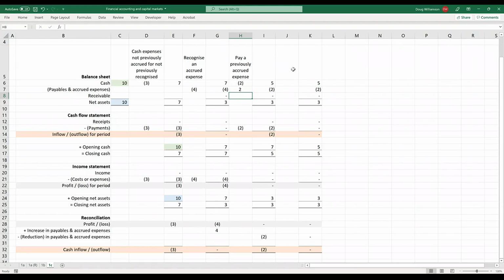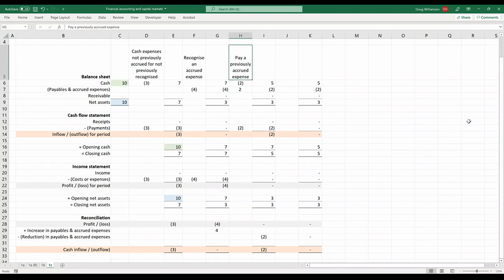So accruals went down. When accruals go down, then assuming there's no profit or loss, then cash is going to be 2 lower than we'd expect given the profit or loss for the period. So no profit or loss, cash went down. Why did cash go down? Because we deployed 2 of our cash to settle this liability that we'd previously recognized.